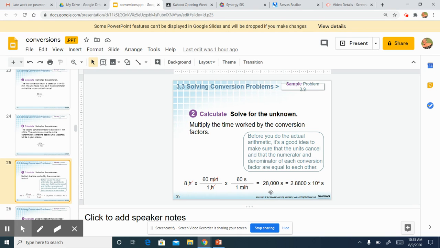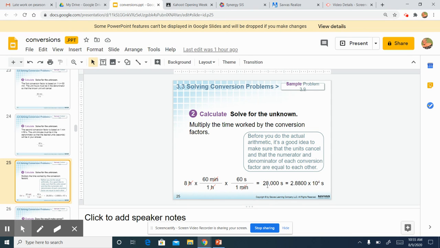This does not look right, we've got a little discrepancy here. 8 times 60 times 60. They left the 8 off right here.